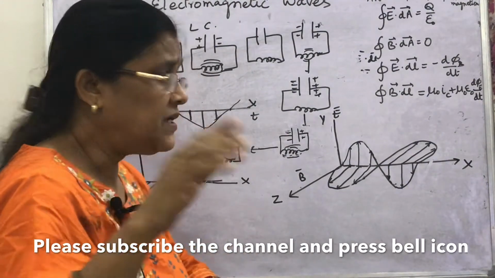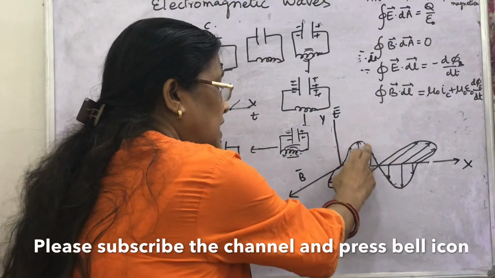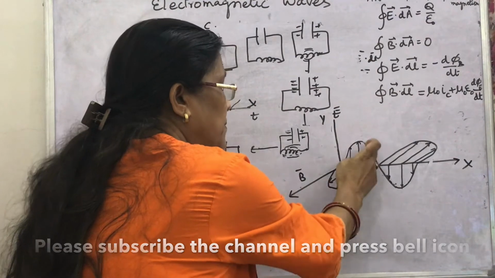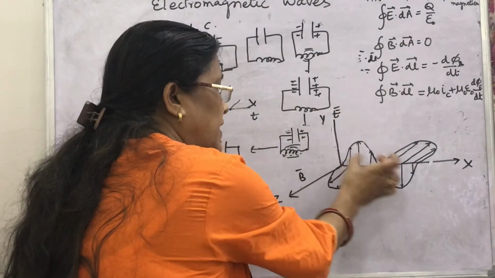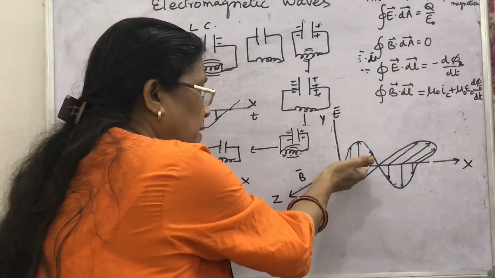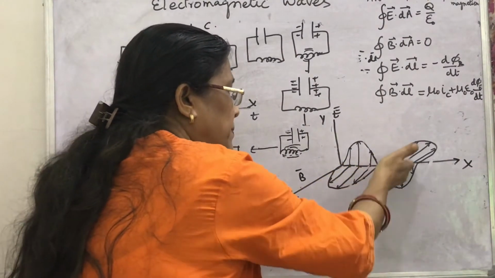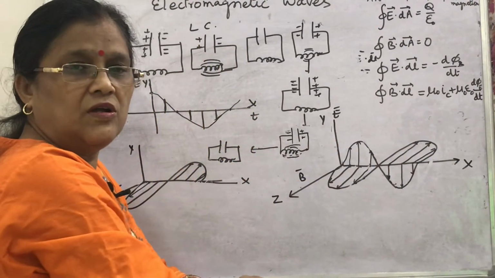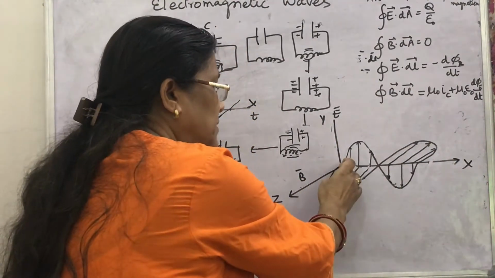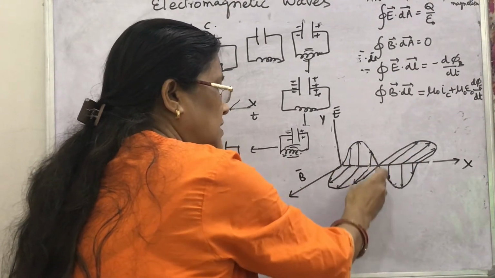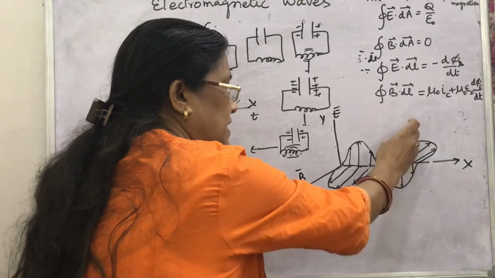How to represent it? This is the electric field graph, with electric field oscillations parallel to plus y or minus y. The magnetic field is parallel to z or anti-parallel to z, and this is the direction of propagation. The mistake you sometimes make is drawing the same nature of graph with opposite oscillation vectors here and here.